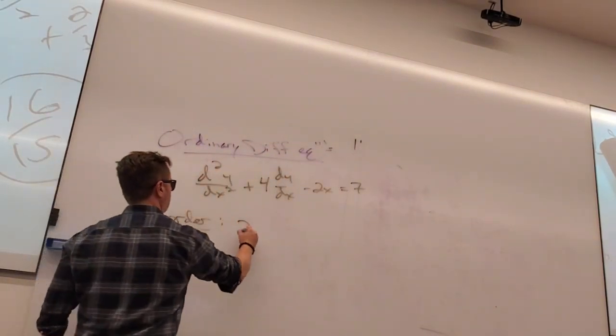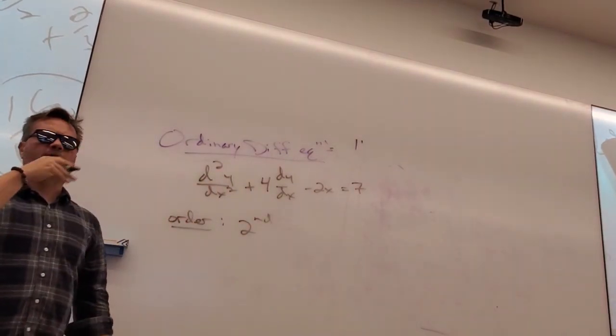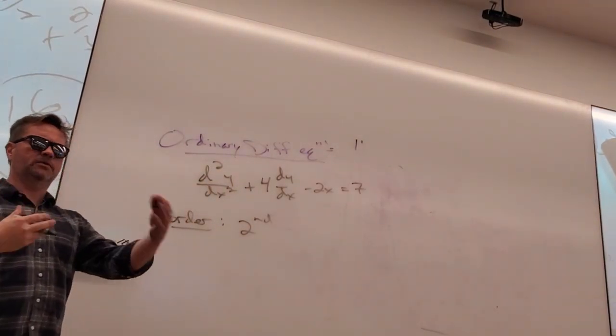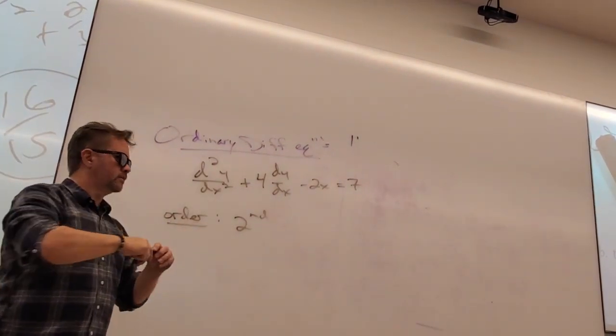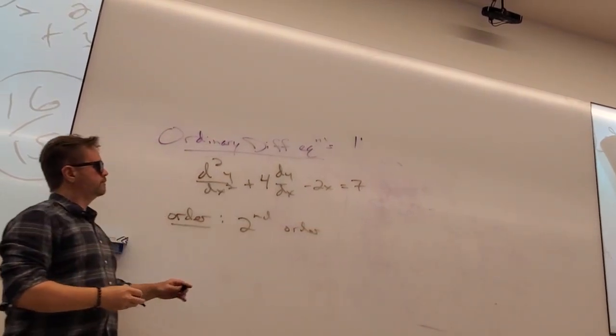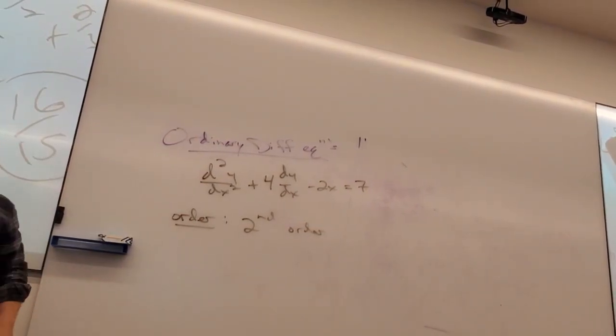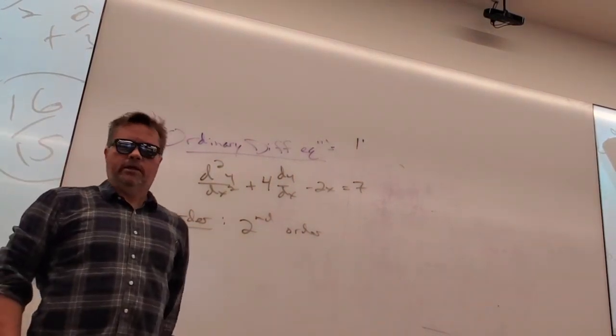Second order, because the highest derivative I see is a second derivative. Okay, cool. So there are a lot of nice analogies between differential equations and polynomial equations. What would it take for a function to be linear?